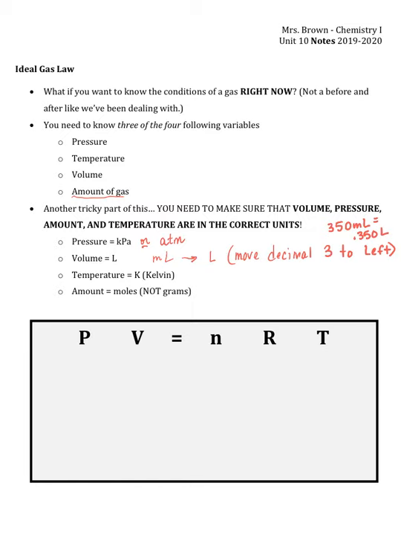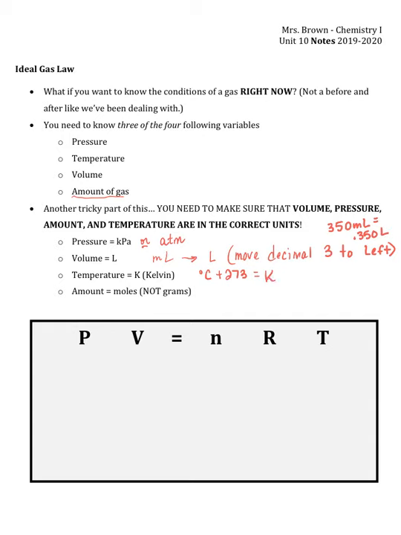So you move it 3 to the left. Temperature has to be in Kelvin. That shouldn't be anything new. Remember, Kelvin is degrees Celsius plus 273 will give you your Kelvin.